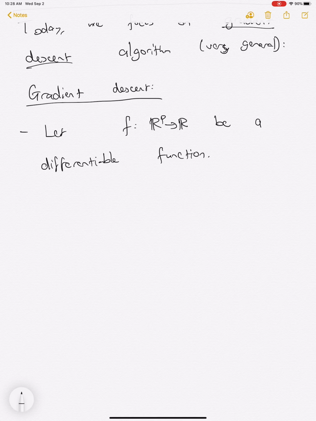We're in multivariate statistics, so we're going to be talking about multivariate functions. So f is a multivariate function, going from R^p to R, and we're going to assume that it's differentiable. There's the term gradient in the algorithm, so gradients are going to be very important here.